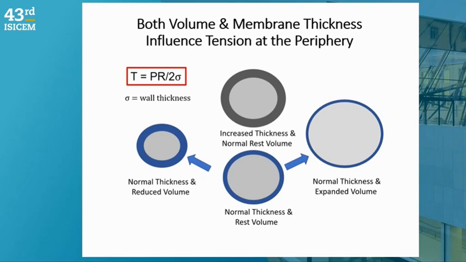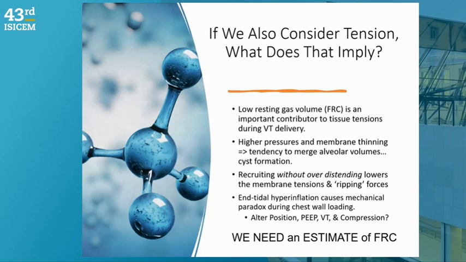I don't know how many of you have seen patients at the end stages of COVID-19, but they have cysts that form. There's a tendency to coalesce individual alveolar units into cystic form because there's more damage and stress and strain occurring in that setting. We can talk more about that later if you so choose.